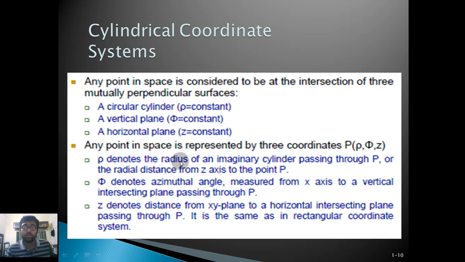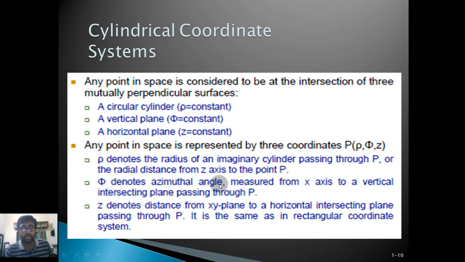Rho only defines the distance of the specific point P from the z axis, which means that along the z axis we can take any point, and only the radial distance will be measured. The radial distance will be constant all along the z axis for a specific point P.